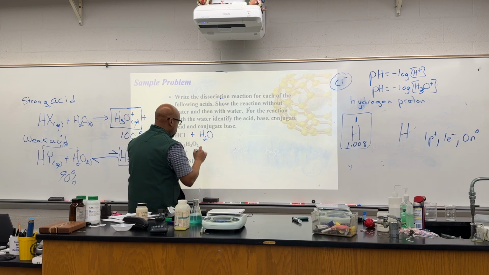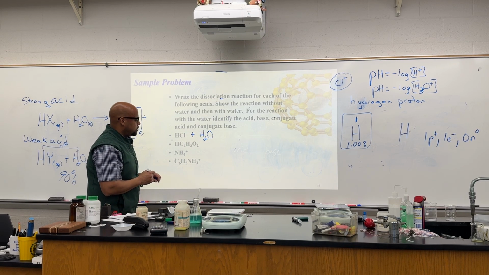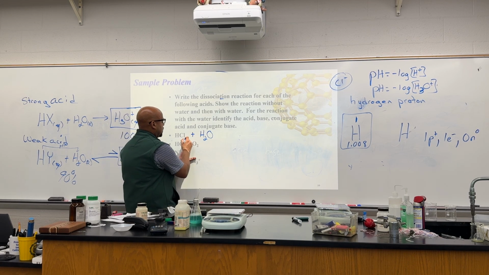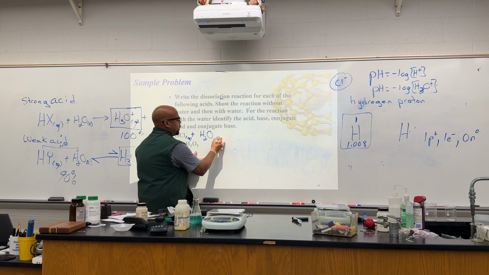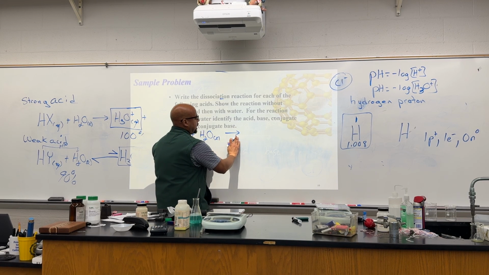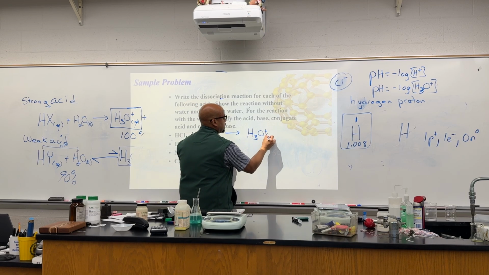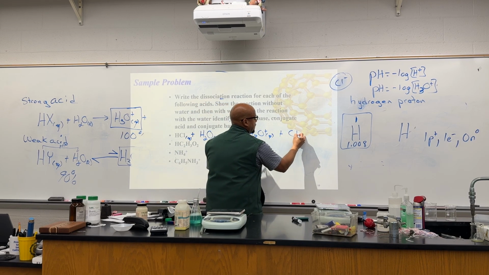How much time? We got 3 minutes here. We'll do it anyways. I'm going to put aqueous here, liquid here, an arrow, and then H3O plus aqueous plus Cl minus aqueous.